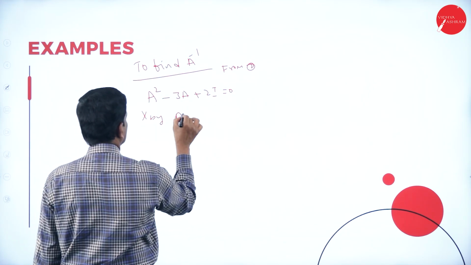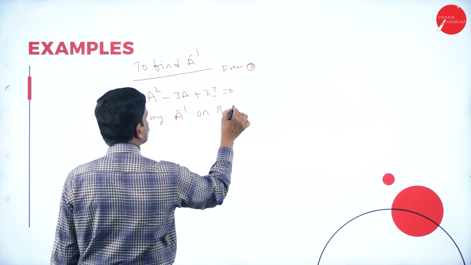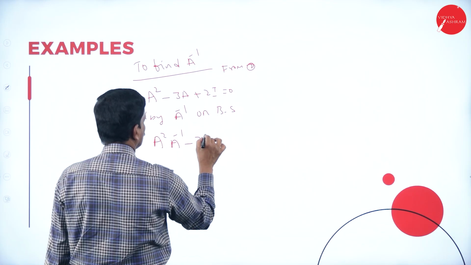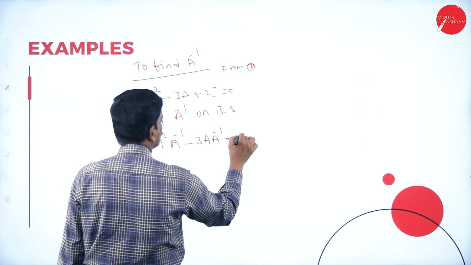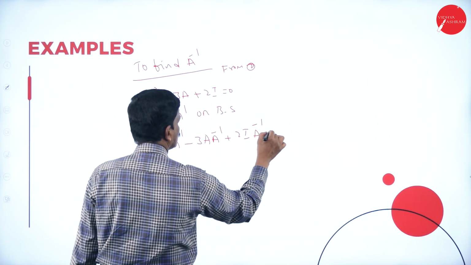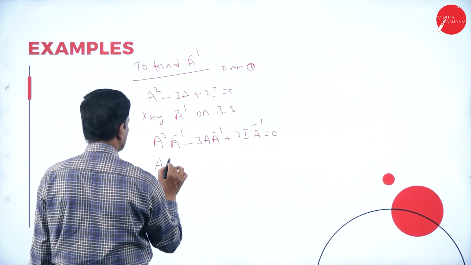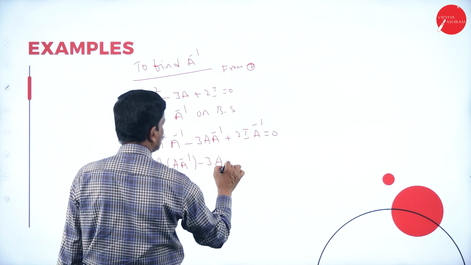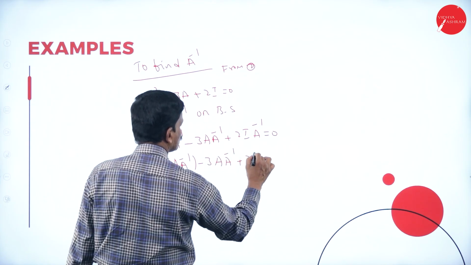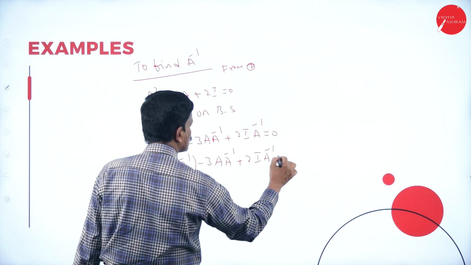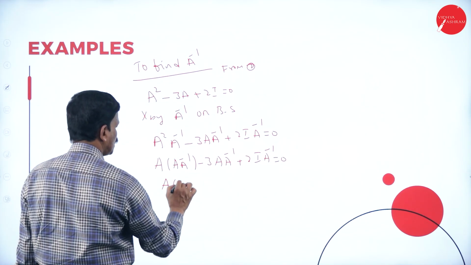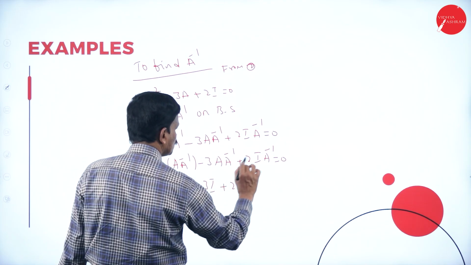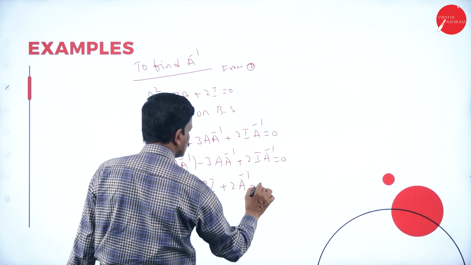Multiply by A inverse on both sides. What you will get? A square into A inverse minus 3A A inverse plus 2I A inverse is equal to 0. A square can be written as A into A inverse, minus 3A A inverse, plus 2 times I into A inverse. A into A inverse is I, plus 2 into I into A inverse is equal to A inverse.